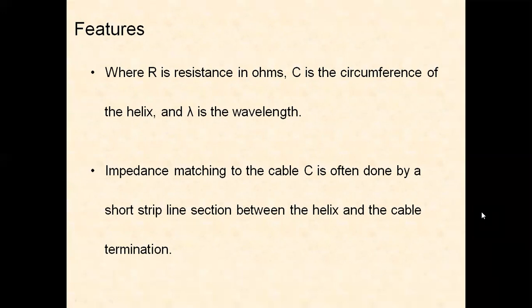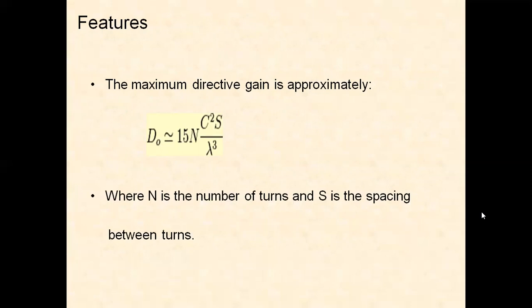Impedance matching to the coaxial cable is often done by a short strip line section between the helix and the cable terminations. The maximum directive gain is approximately 15 n C square S by lambda cube, where n is the number of turns and S is the spacing between the turns.